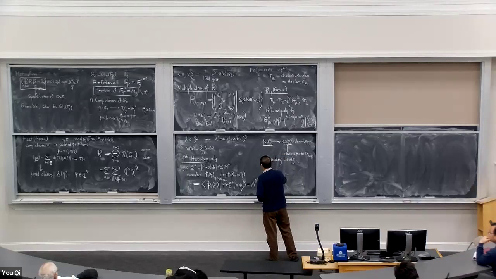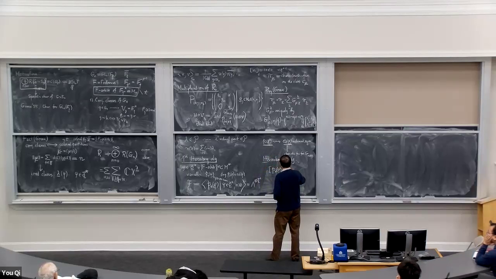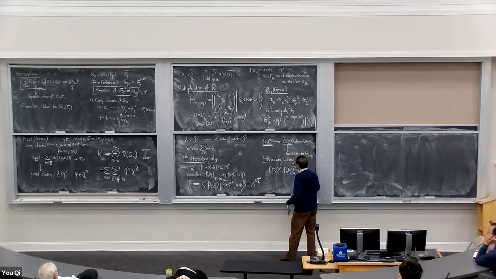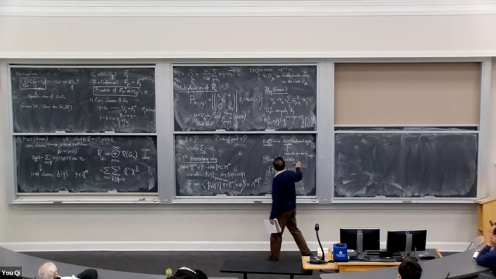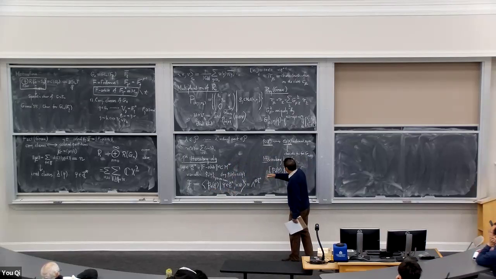The Heisenberg algebra is that I consider this P_m, and this is going to be n. So now I'm going to enlarge that, where here n is not equal to 0.